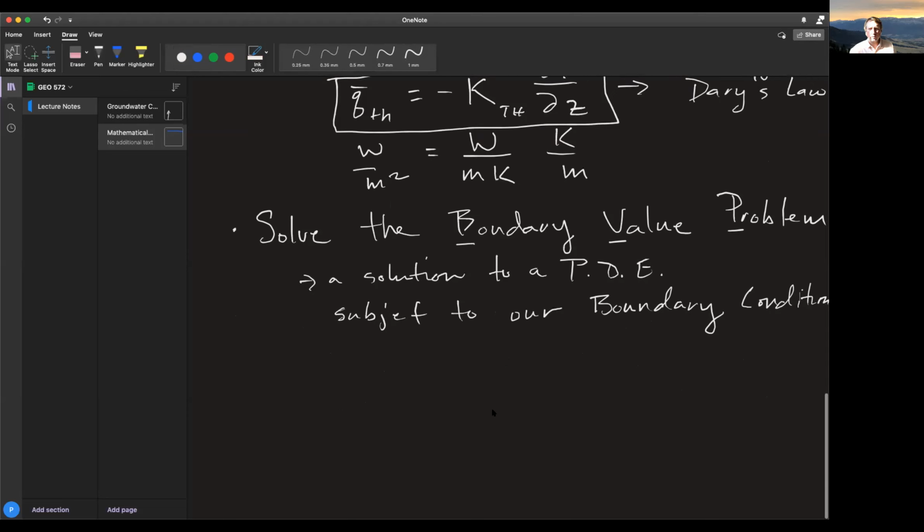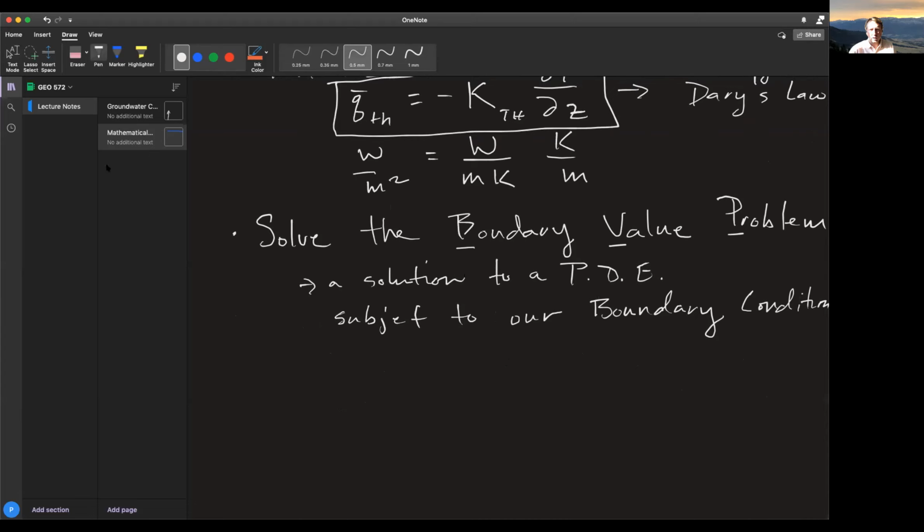A lot of this class is basically going to be focused around solving the boundary value problem. That is what groundwater flow modeling is. We're seeking, if not a true solution, an approximate solution to a PDE subject to our boundary conditions. And we need a series of ingredients to solve it.